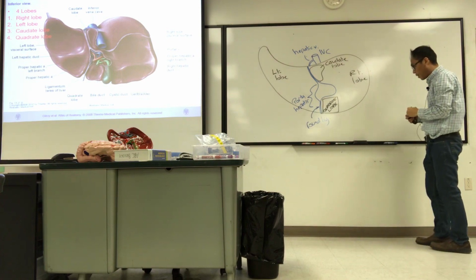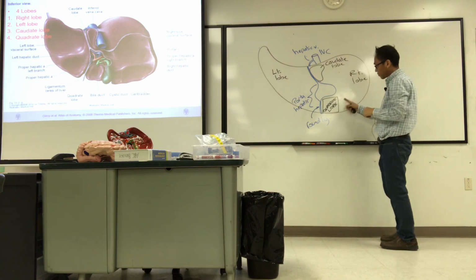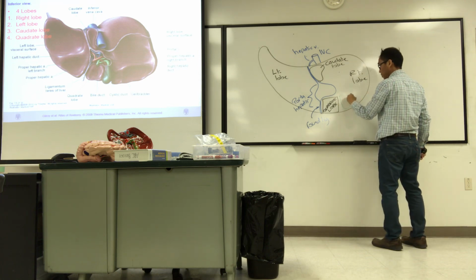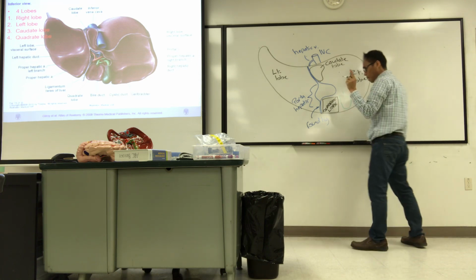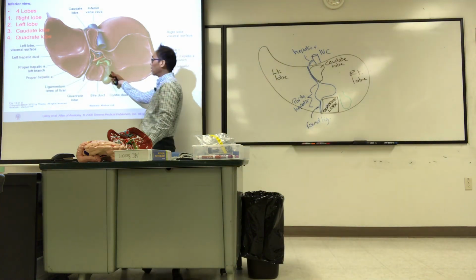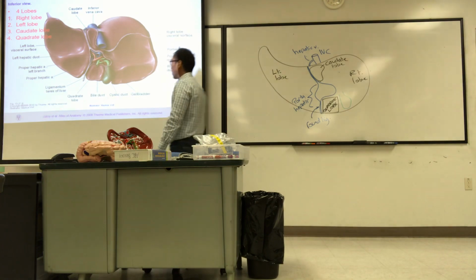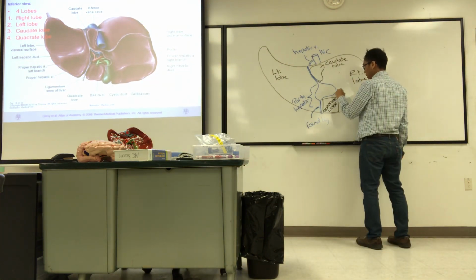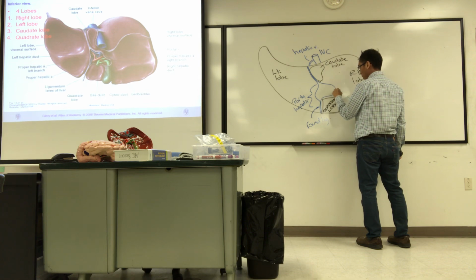And you have a little gallbladder by the right lobe, by the quadrate lobe. There's gallbladder. Now the gallbladder is going to send a duct out right here, out the doorway.